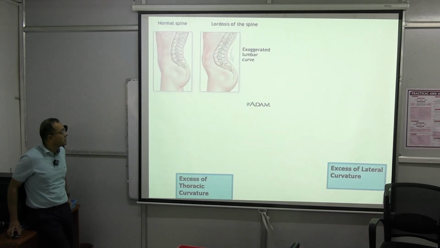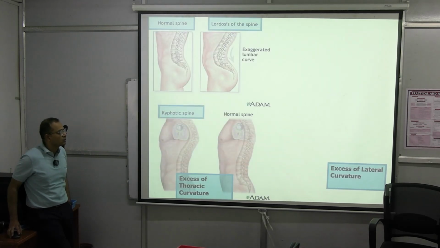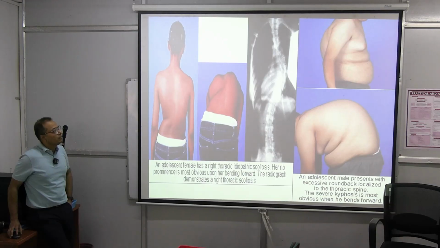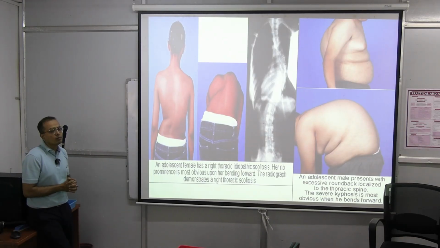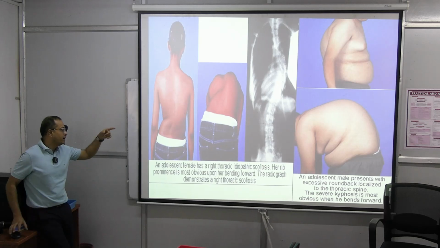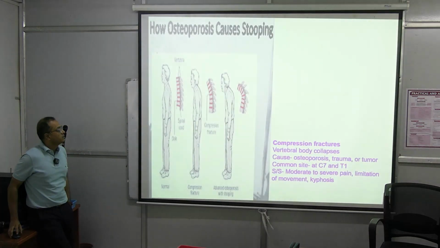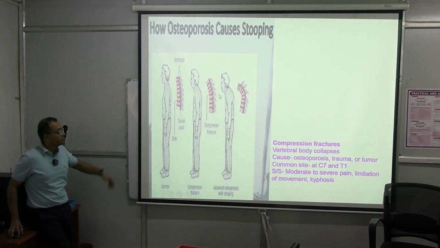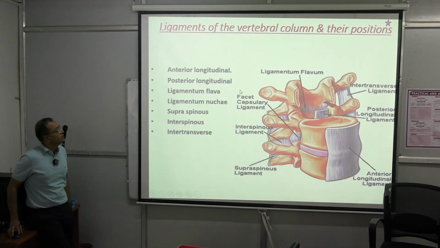These are the two things you have to keep in mind, along with kyphosis and scoliosis. These people have curvatures that look like deformities because of the excessive bend. Kyphosis is an excessive forward bend, which happens in old age because the vertebrae get crammed and compressed. We may have these curvature problems.